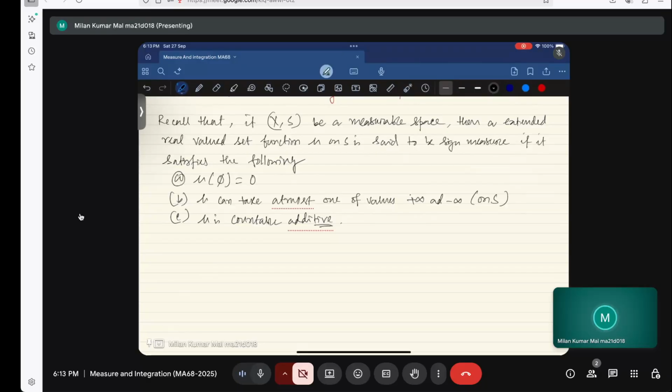Okay, so with this definition, we'll write a problem. If anything extra is needed, I'll write that definition.